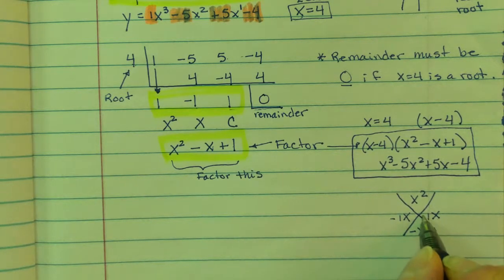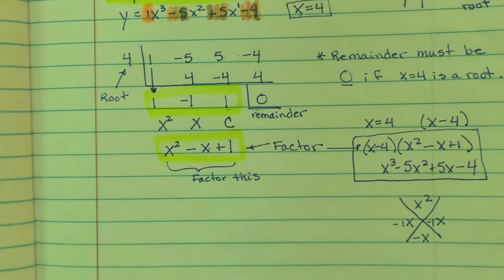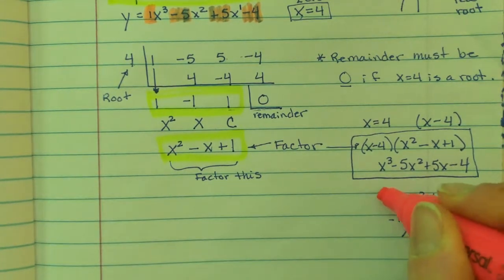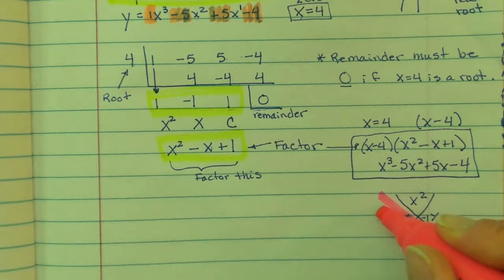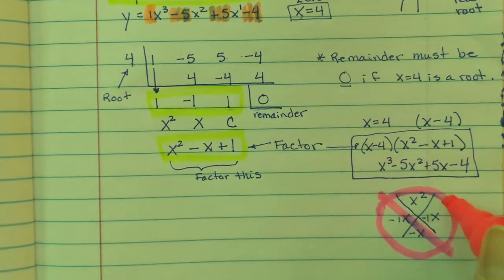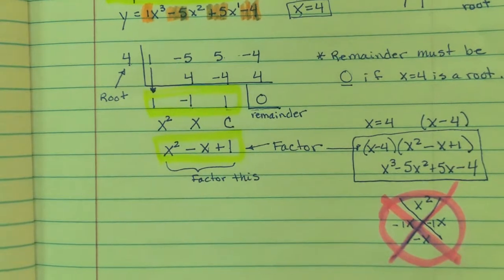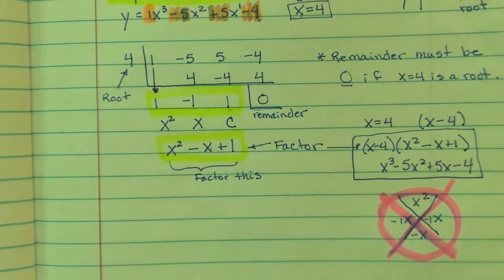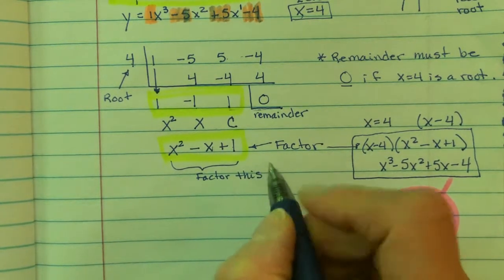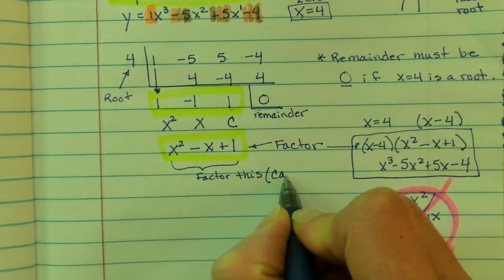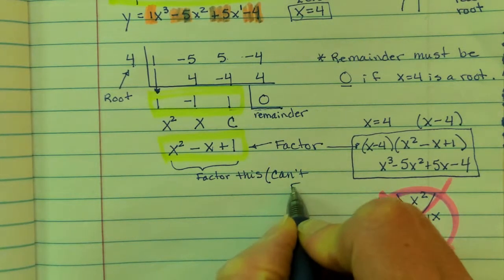If I have negative negative, it multiplies to x squared, but it doesn't add to negative x. So this here cannot do. It's not factorable, which makes sense. So we can't factor.